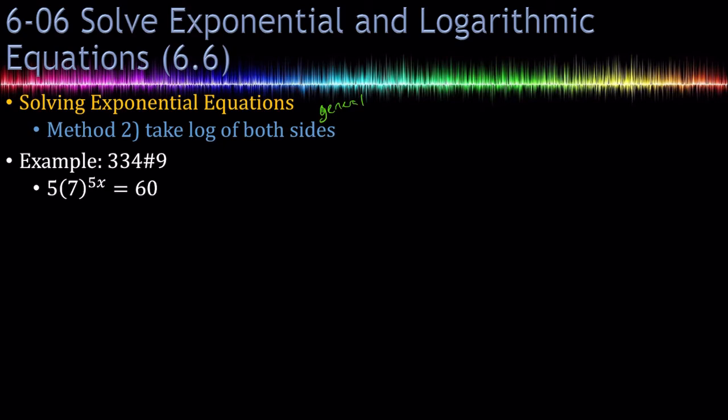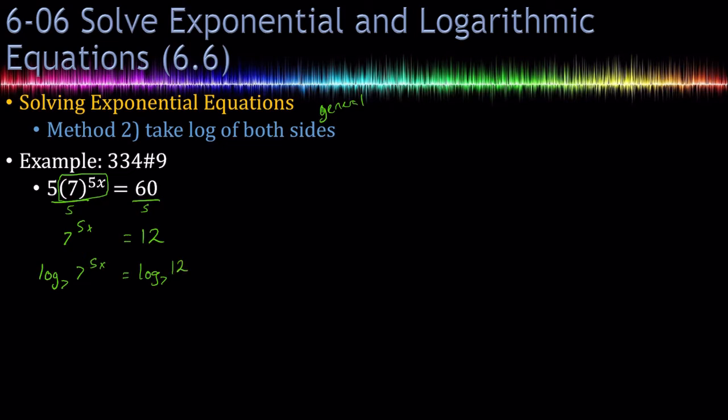So the first thing we'll do here is get the exponential by itself. We'll get rid of the 5 to get this exponential part by itself. And now that the exponential part is by itself, we'll take the logarithm of both sides, and I could choose any base. But I'll choose base 7 because that is what the base of the exponential is, and it'll cancel out.